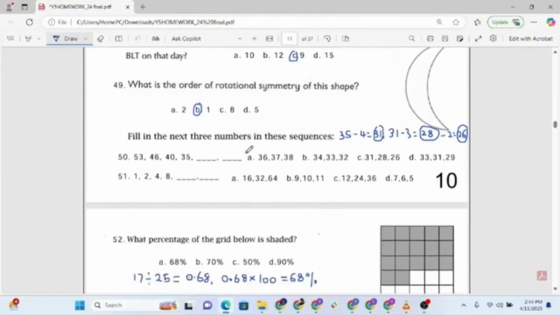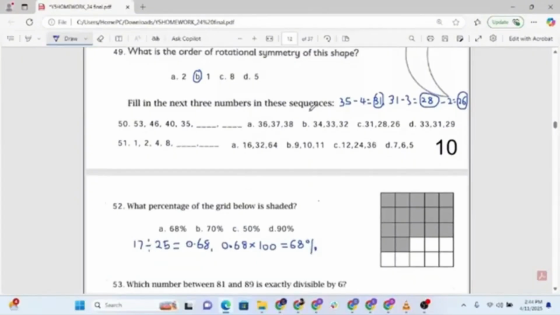Question 50. Fill in the next 3 numbers in the following sequence. 53, 46, 40, 35, blank, blank, blank. The correct answer is option C, 31, 28, 26. Explanation.